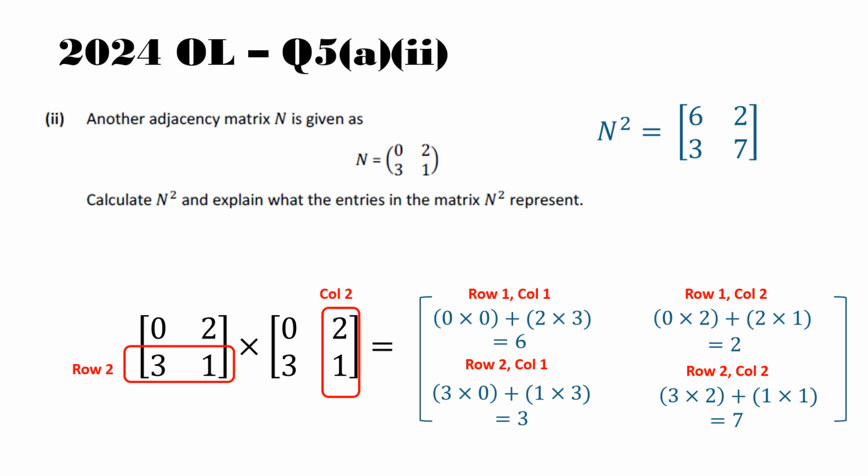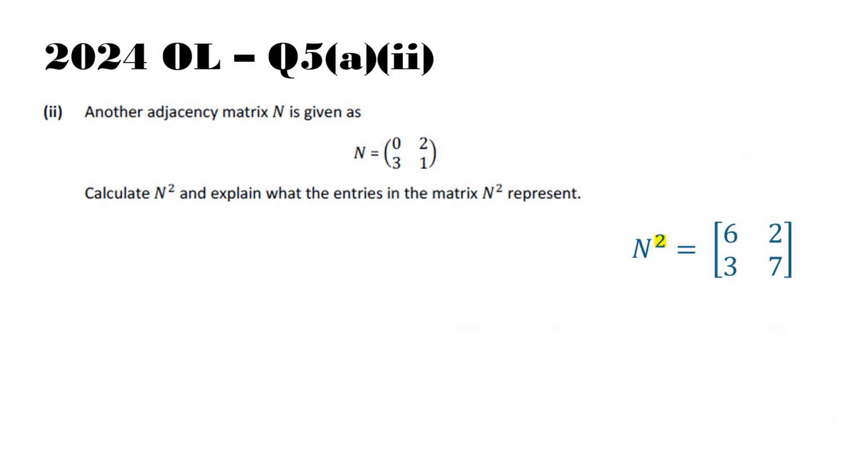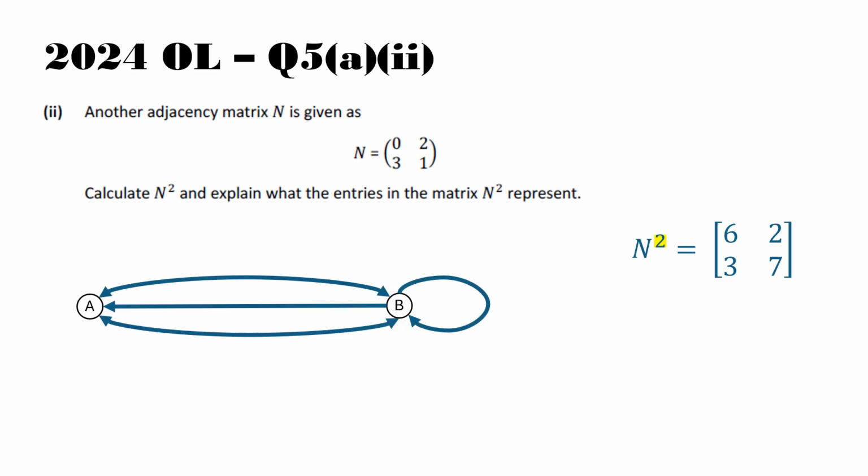But then it asks us to explain what the entries in the matrix N squared represent. In order to truly understand this, we're going to draw out the original graph that N represents. So this is it. There are two nodes. We have 0 connections between A and A. There are 2 connections between A and B. Because this is not symmetrical, I know it's a directed graph.